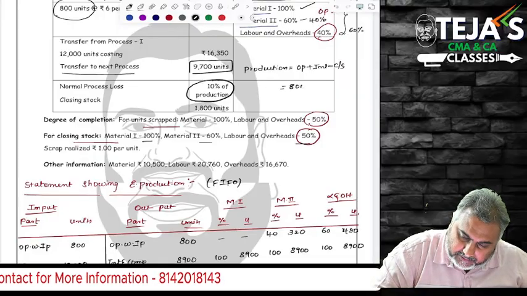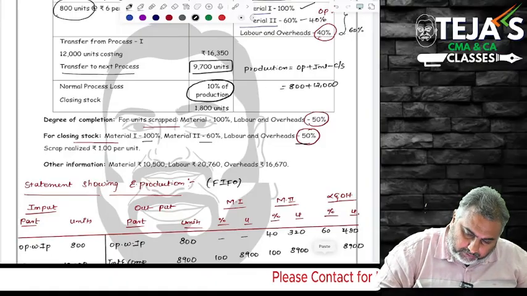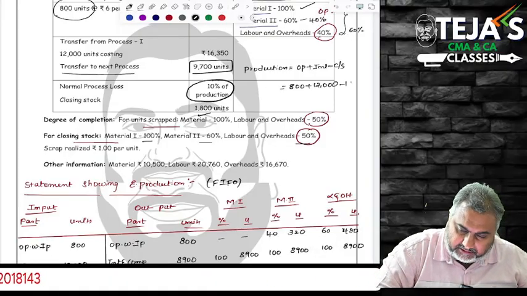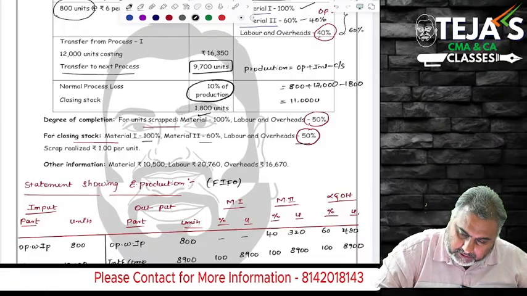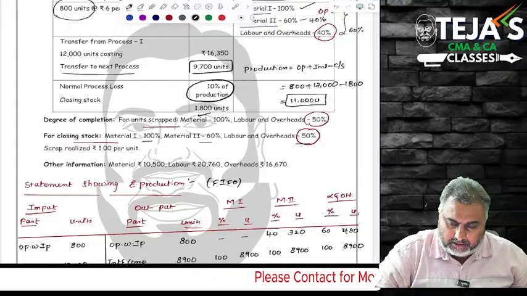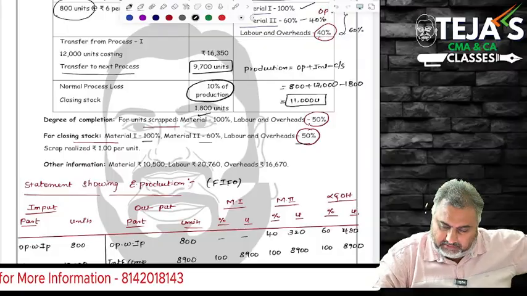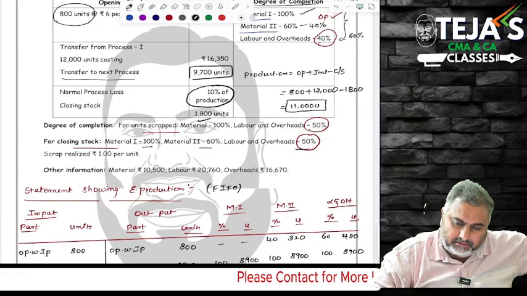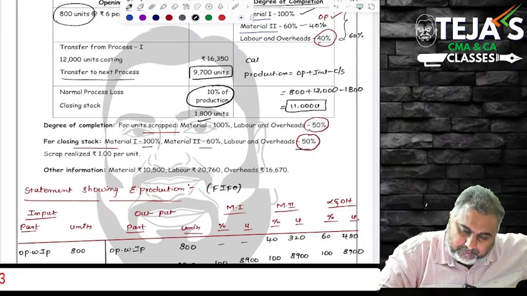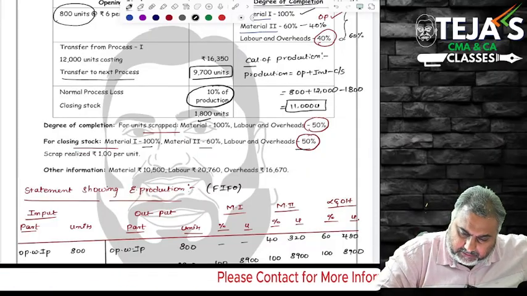Opening how many? 800. Introduced how many? 12,000. Closing how many, given in the question? 1800. So how much was the production? 11,000 units. That is the way we can calculate production units. Sir, just leave some gap here and under that write down the working notes.